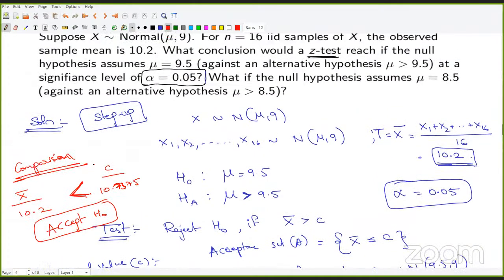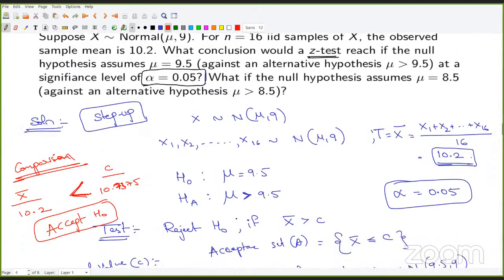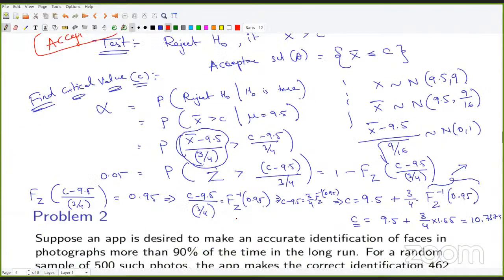The second question says, instead of 9.5, you take 8.5. So what happens now? The same approach. The only change happens here: instead of 9.5, this will be 8.5.